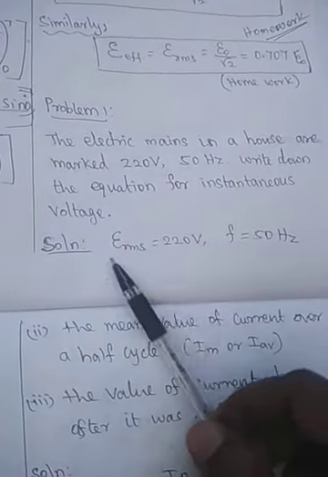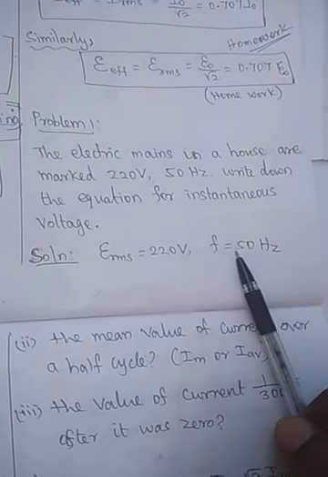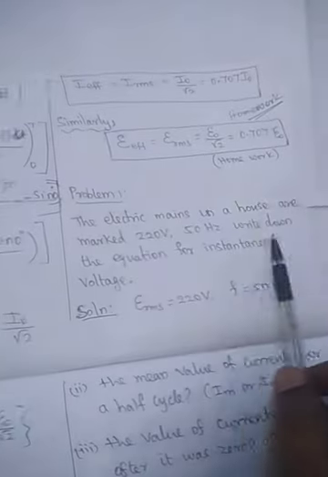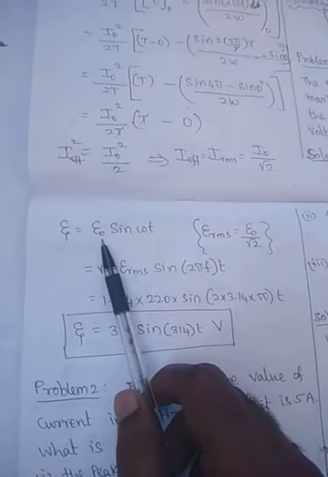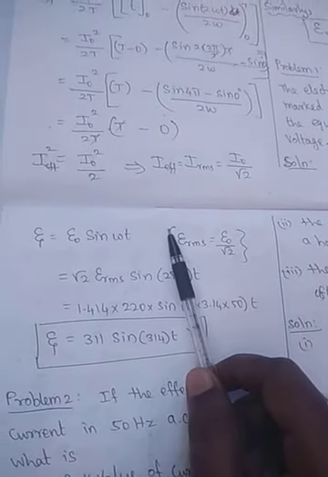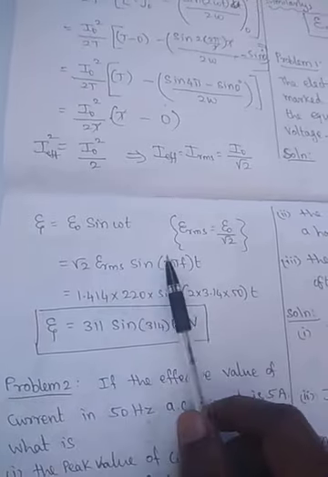Very simple. The E RMS value is given as 220 volt. Frequency value is 50 hertz. So E is equal to E naught sin omega t is the instantaneous voltage equation. So E naught, we know that E RMS is equal to E naught by root 2, so E naught is root 2 into E RMS. Root 2 into E RMS sin omega t, where omega is 2 pi f.